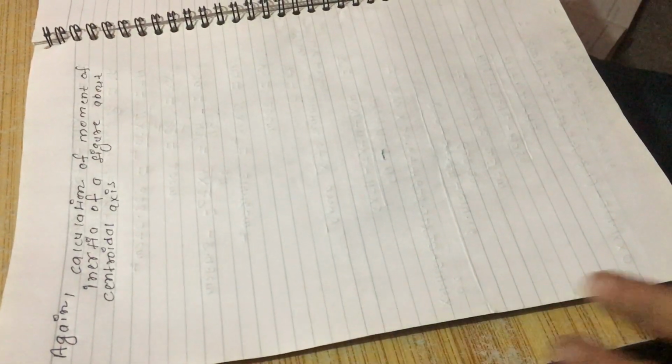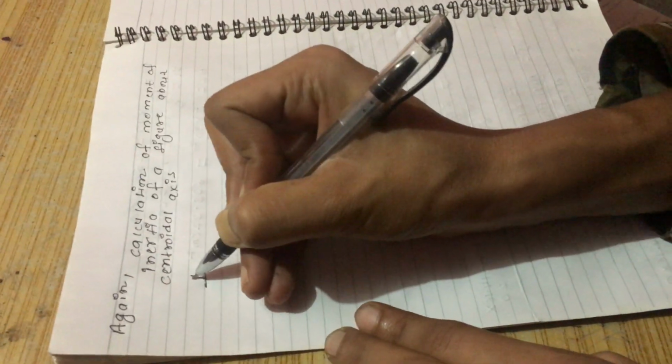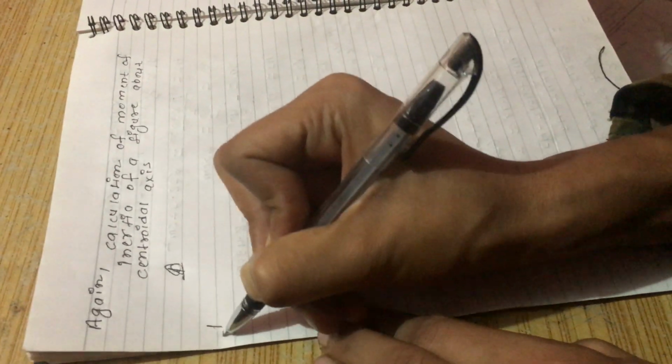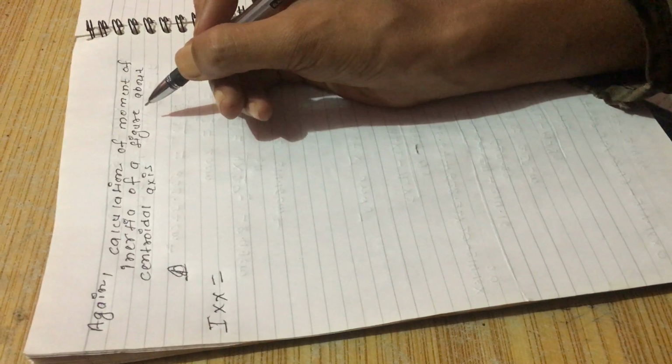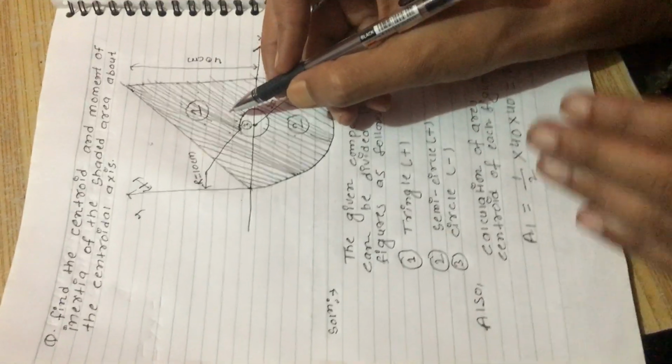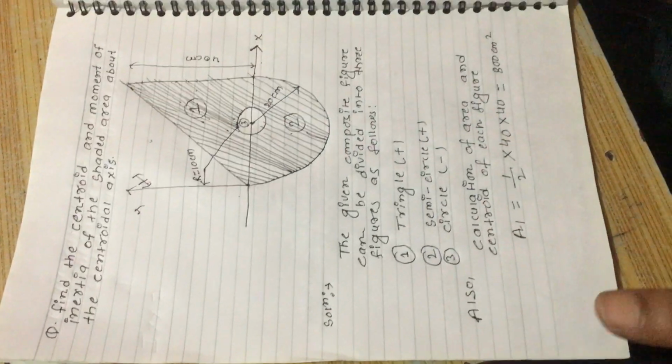First, Ixx. Here we use the parallel axis theorem to calculate the moment of inertia about centroidal axis. So, on using parallel axis theorem, we can calculate the moment of inertia of this figure about centroidal axis.